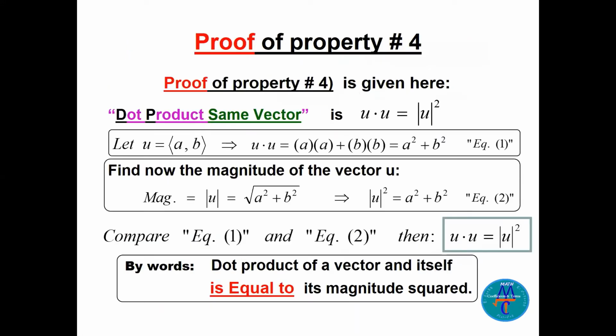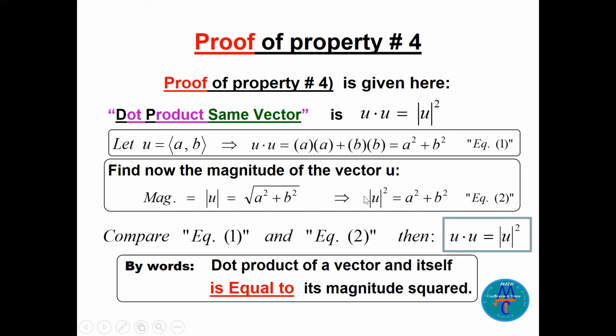Let a vector u be ⟨a, b⟩. Let's find u dot u by the formula. So a times a plus b times b, which is a squared plus b squared. Leave it now and let's call it equation number 1. Now find the magnitude of the vector u. By the formula of the magnitude, it will be the square root of a squared plus b squared. Let's square both sides.